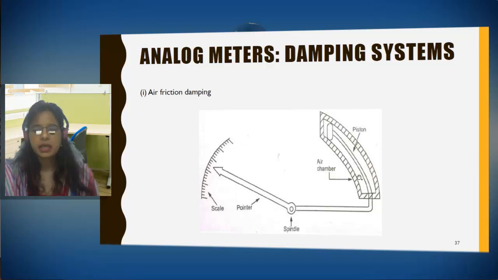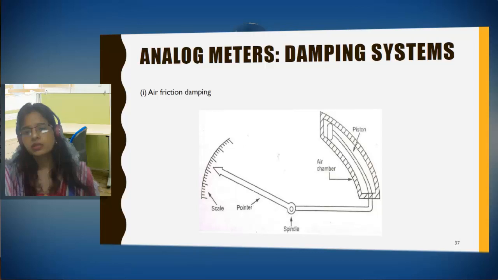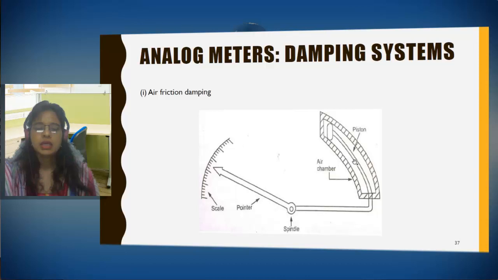The pressure in this area will be lesser than the pressure in this area. At equilibrium, the piston is at such a position where the pressure is evenly distributed. But once the pointer moves, the piston will come outward and the air pressure in this area increases compared to the air pressure of this area.